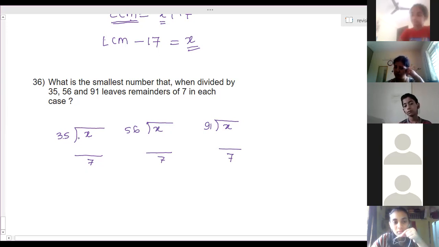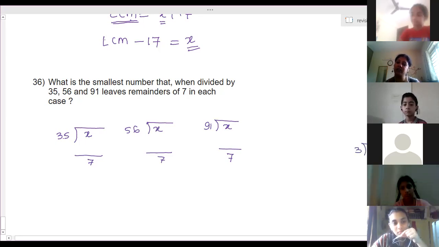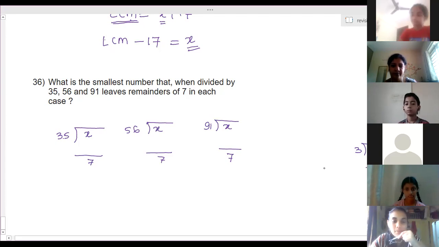What do we do? 17 divided by 3, 3 fives are 15, remainder is 2. How to find a number which is completely divisible by 3? Is 17 divisible by 3 completely?